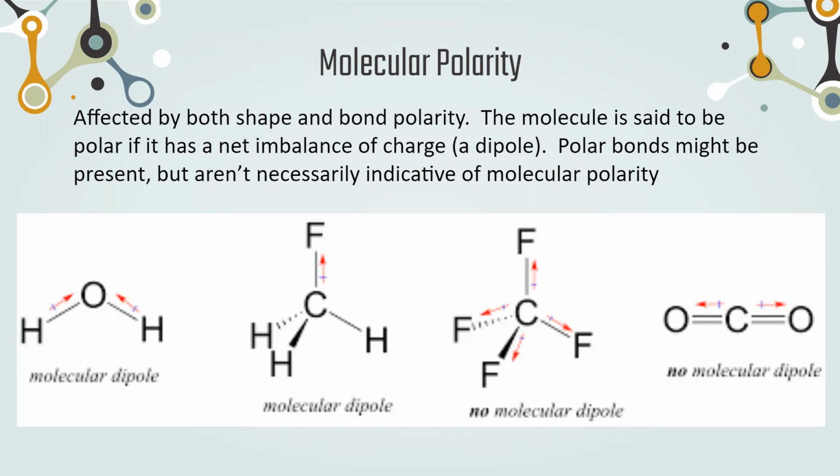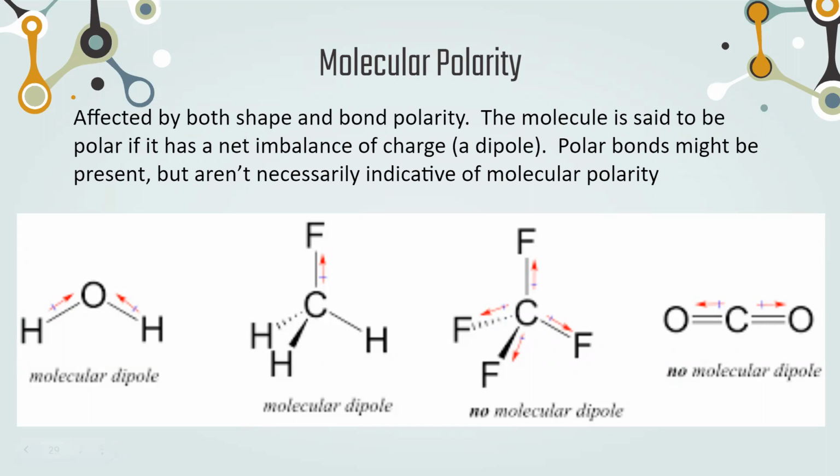In terms of polarity of the entire molecule, you can represent individual bond polarities or the polarity of the entire molecule. What you're seeing here in these little red arrows is a polarity in an individual bond.